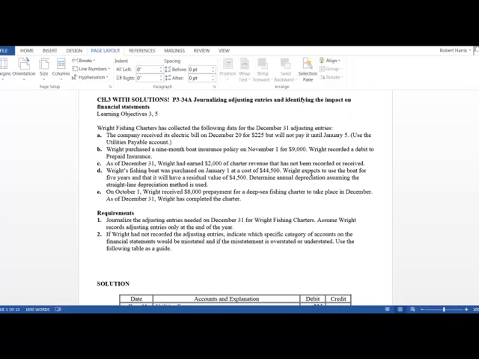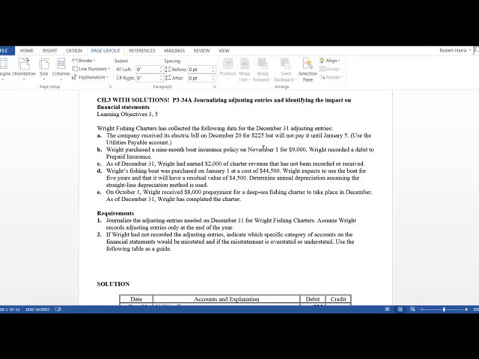Now for this next one, it says that we paid a 9-month boat insurance policy on November 1st for $9,000. We recorded a debit to prepaid insurance. So originally we would have recorded this with a debit to prepaid insurance and a credit to cash for $9,000. But what it's asking us for now is how much of this have we used? We have to look at these circumstances and think about, okay, we bought that on November 1st.